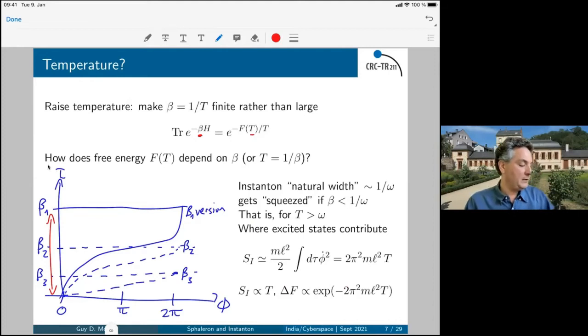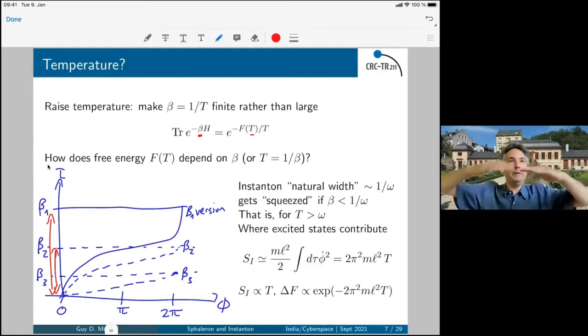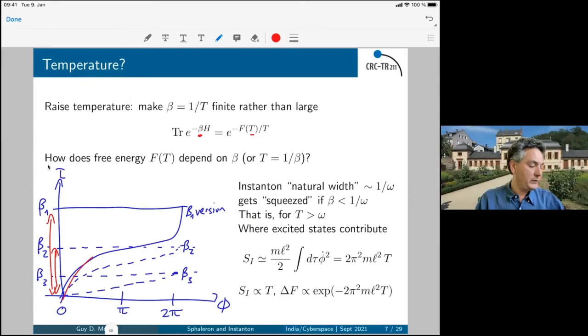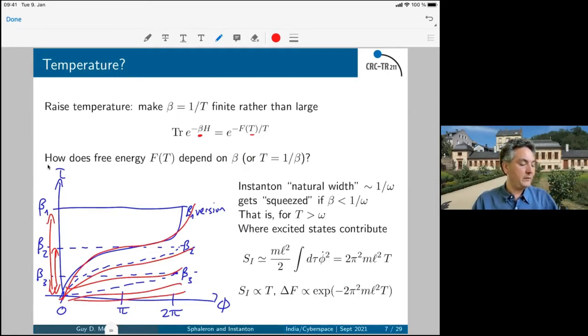And if this extent is large enough that my instanton comfortably fits inside of it, then not much changes. But if I go to higher temperatures where this extent is smaller than the width my instanton wants to be, then my instanton has to switch from looking like this to being sort of cramped. And as I make my temperature higher and higher, the instanton has to run across faster and faster.